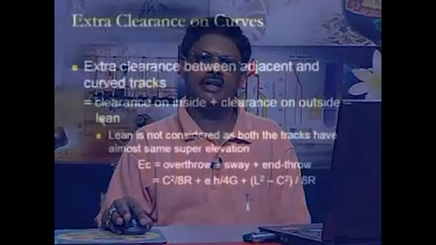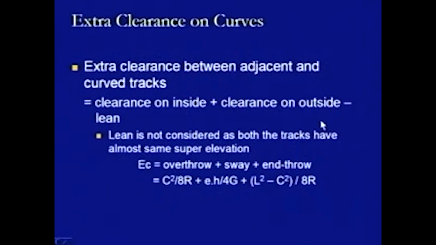This is the reason why it is to be subtracted from the other two conditions. So it becomes overthrow plus sway plus end throw, that is C square divided by 8R, plus E into H divided by 4G, that is 1/4 of lean, plus L square minus C square divided by 8R. This is the amount of extra clearance to be provided between two tracks on a curved section.